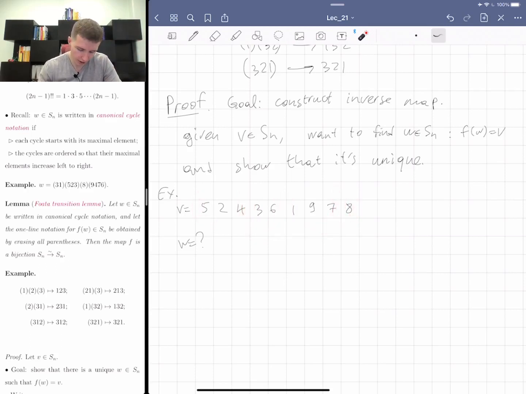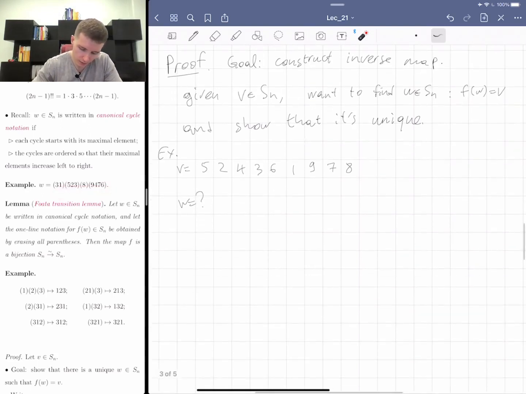So the idea is pretty simple. How do you find a place to insert these parentheses? Well, let me give a definition.